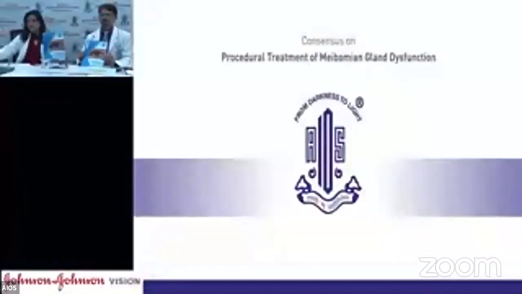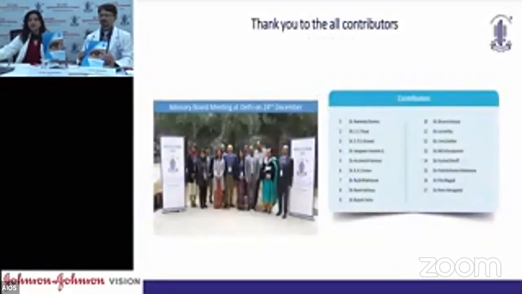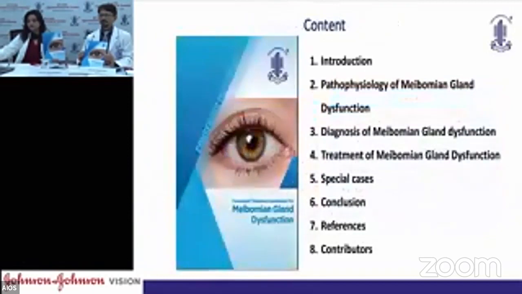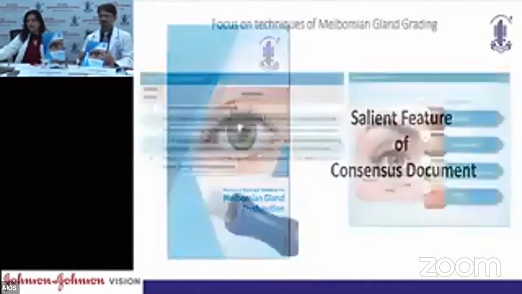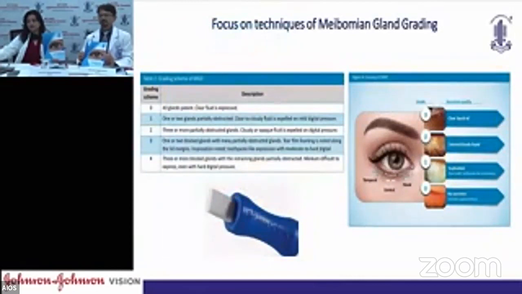And this basically contains the pathophysiology of the Meibomian gland function, the diagnosis of the Meibomian gland disease, the techniques of Meibomian gland grading, the classification of the investigation tools in general clinic and the specialized unit, the evaluation of the newer technologies, particularly the LipiView and the LipiFlow, and a section on special cases, which includes the contact lens wearers as well as the cataract surgery.